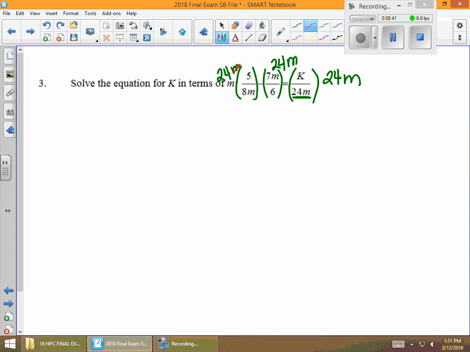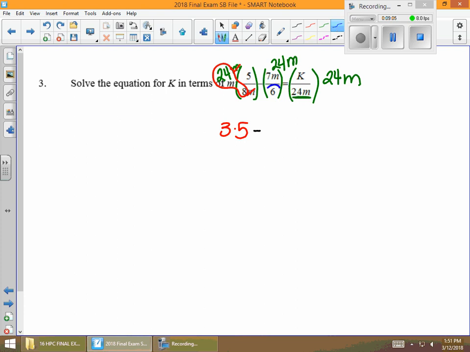Okay, so my m's are going to cancel in this first fraction, and 24 over 8 is 3. So this first fraction turns into 3 times 5. Okay, second fraction. No m's to cancel.